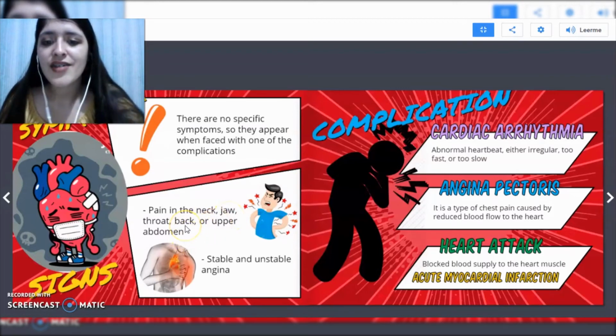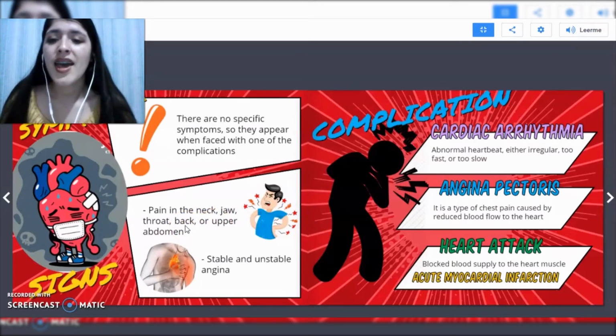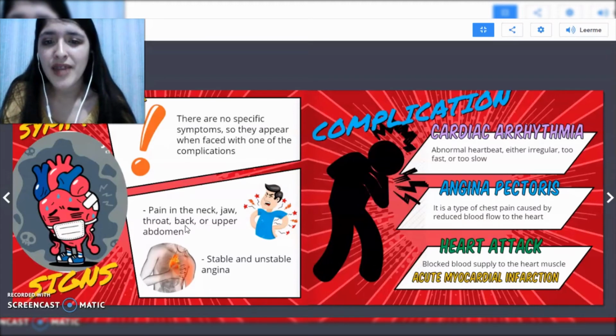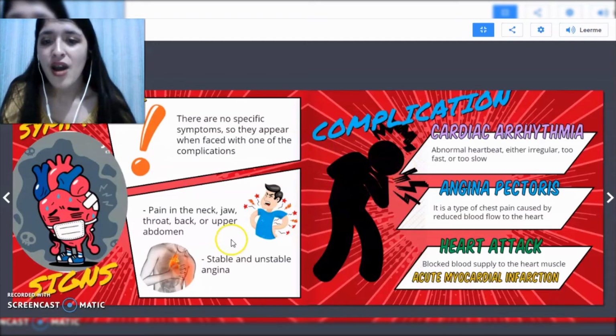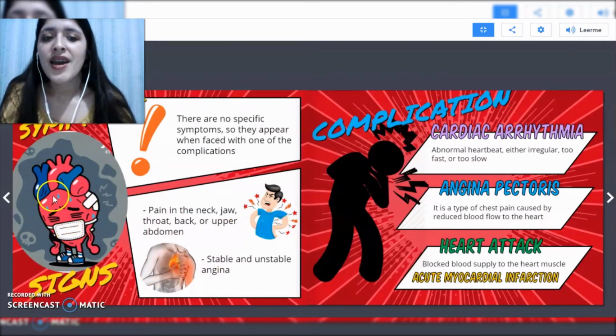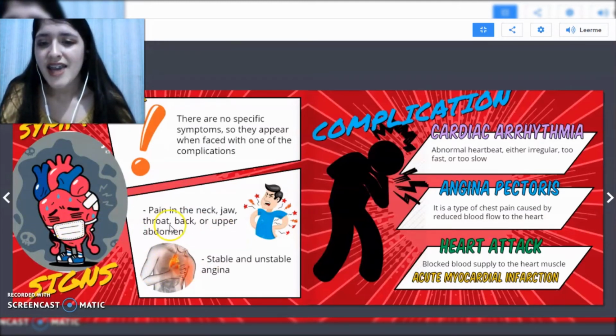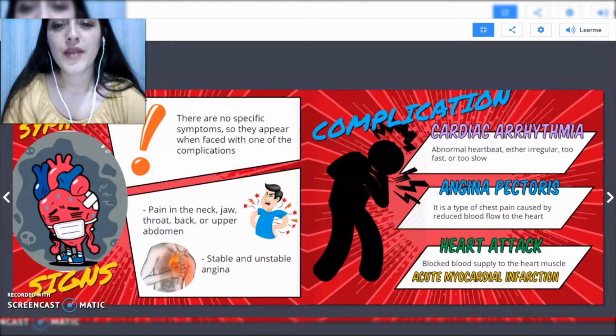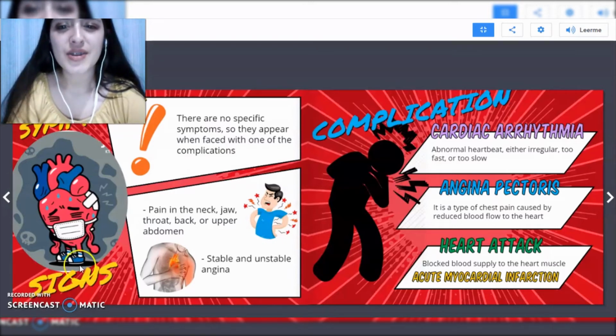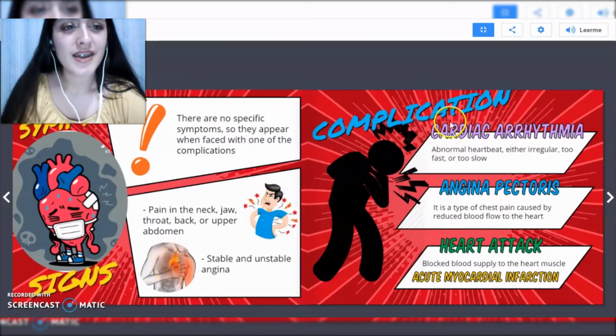And the second is angina, a kind of oppressive pain in the chest. If it can be felt at any time, it is unstable angina, or if it is only felt when the person is doing a stressful activity such as exercise, it is stable angina.